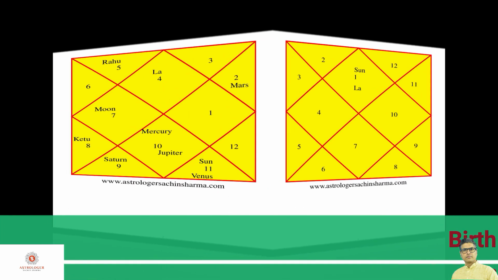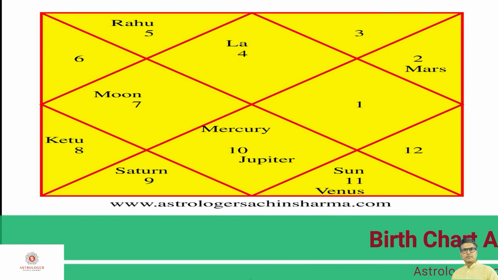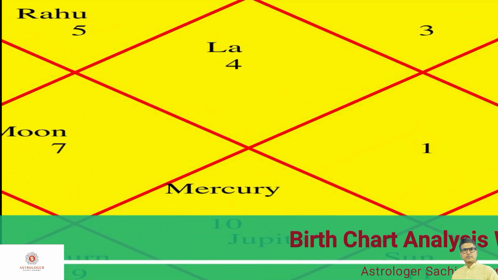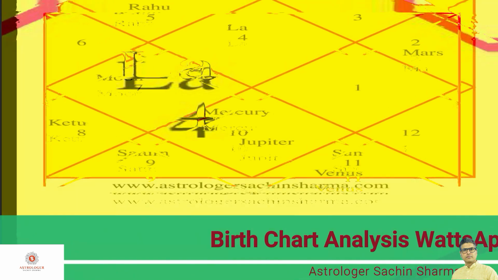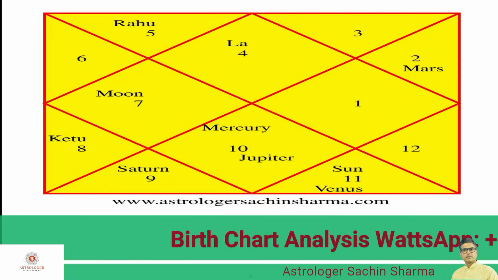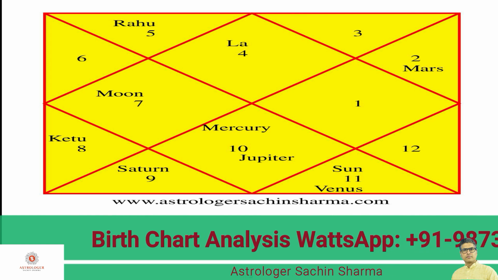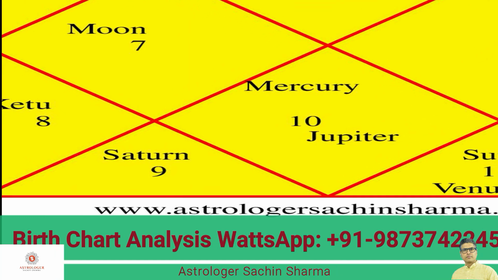Let us consider this birth chart now, which is of Cancer ascendant. Number 4 is written in the 1st house, that means the lord of the 1st house is Cancer or Moon. Now let's discuss the Marka planet. Let's check the 6th house first and see the lord of the 6th house.